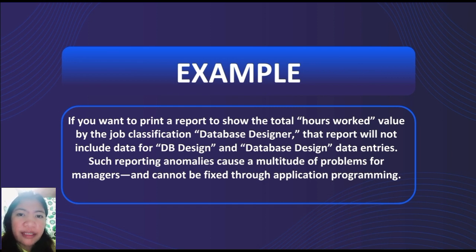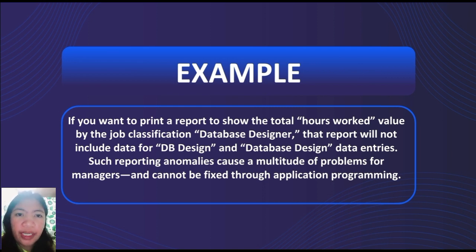These anomalies arise due to inconsistencies in the data entry, such as using different variations of the job classification term like DB design and database design. As a result, the report will not include all the relevant data for the desired job classification.